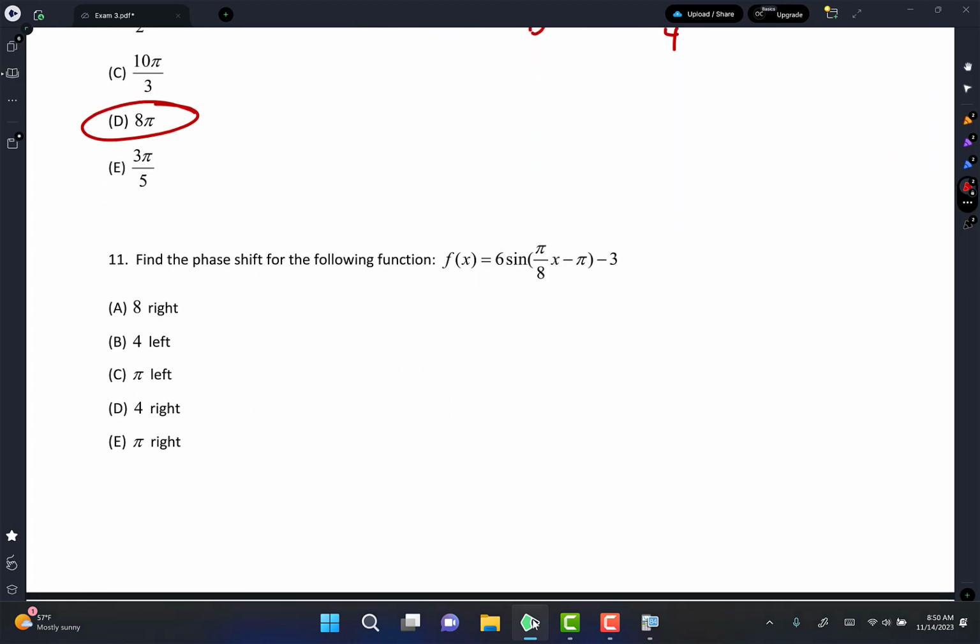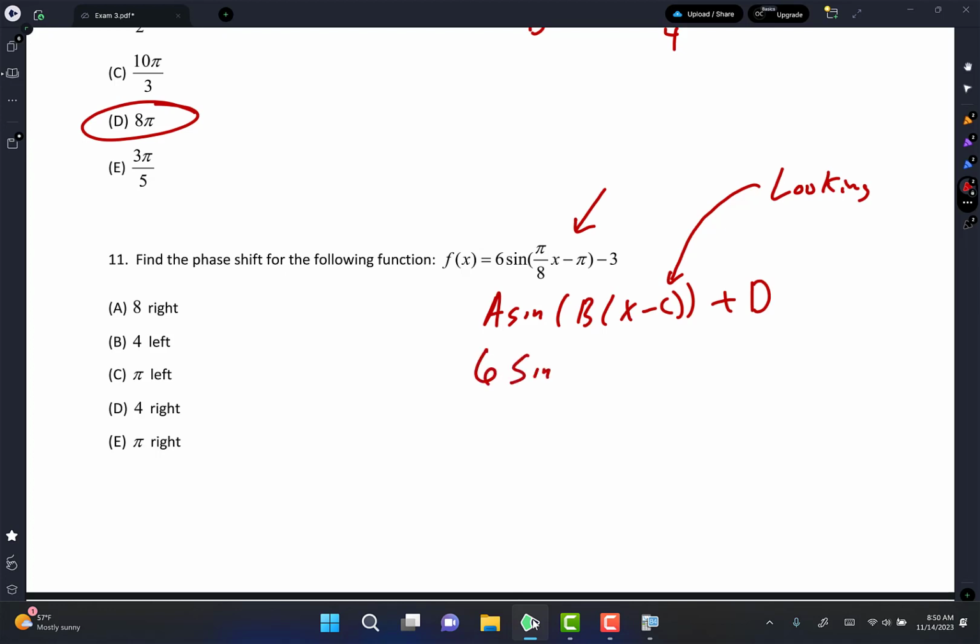Find the phase shift for the following function. So I want it to look like this, guys: B x minus c, close, plus d. At the moment, it doesn't look like that. So 6 sine, parentheses, notice there's a pi over 8 in front of that x. So I'm going to factor out a pi over 8.